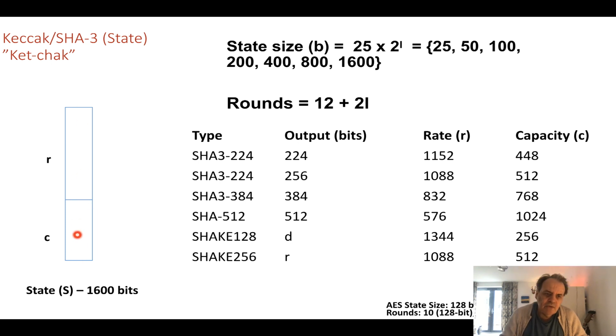But always we end up with a state which is 1600 bits long. Okay, it's really important. So it's often defined as Keccak 1600 because we're using 1600 bits for every state that we have.